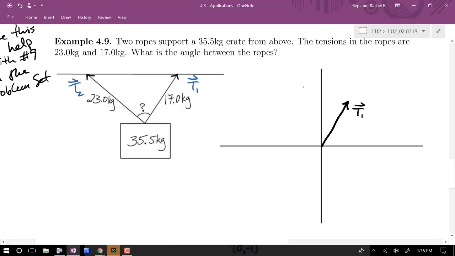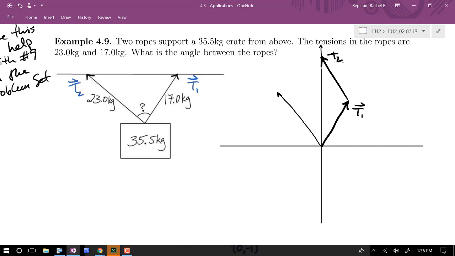Now here I'm really going to think of vector addition as adding them tip to tail. I know that T2 exists somewhere over here, but I'm going to draw it so that it's added tip to tail here. There's my T2. And the fact that this is in equilibrium means that when I draw T2 so that it starts at T1, it exactly has to end on the y-axis, because I know those x components have to cancel each other out.